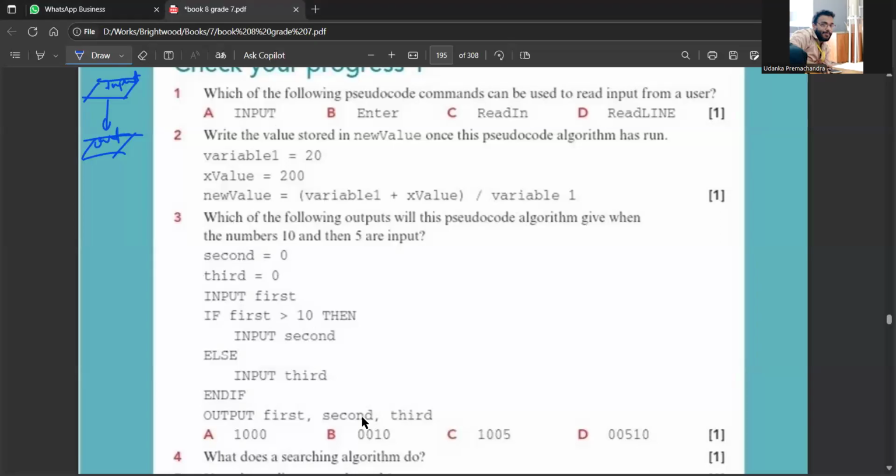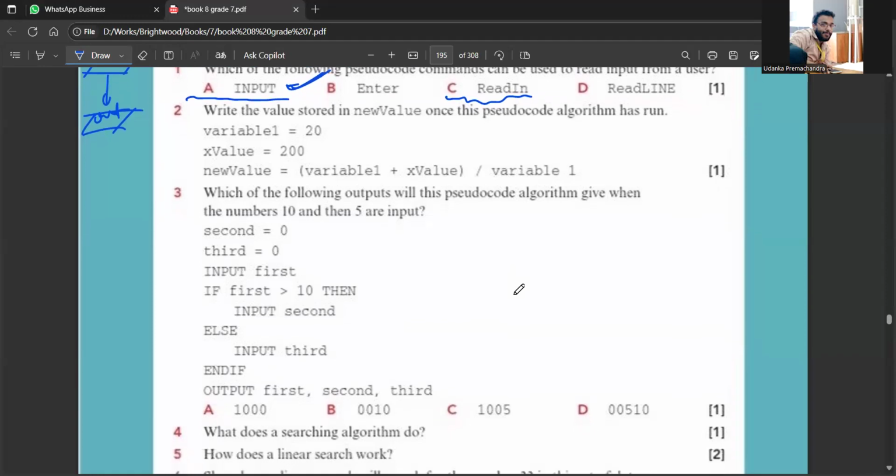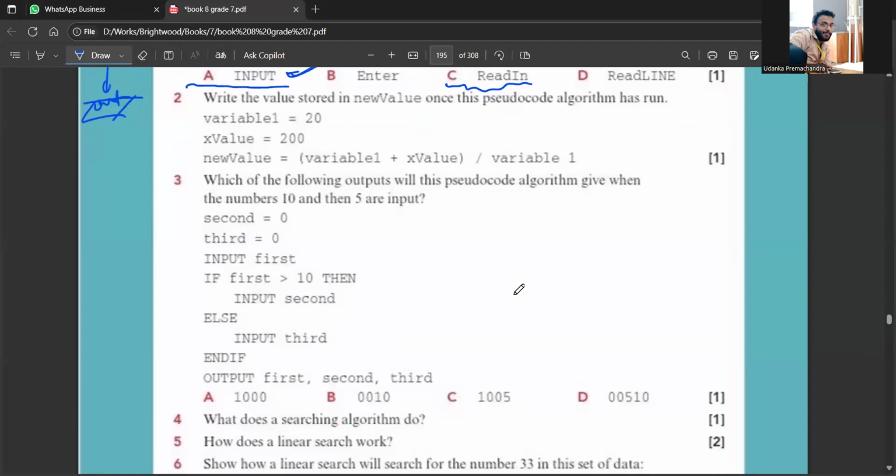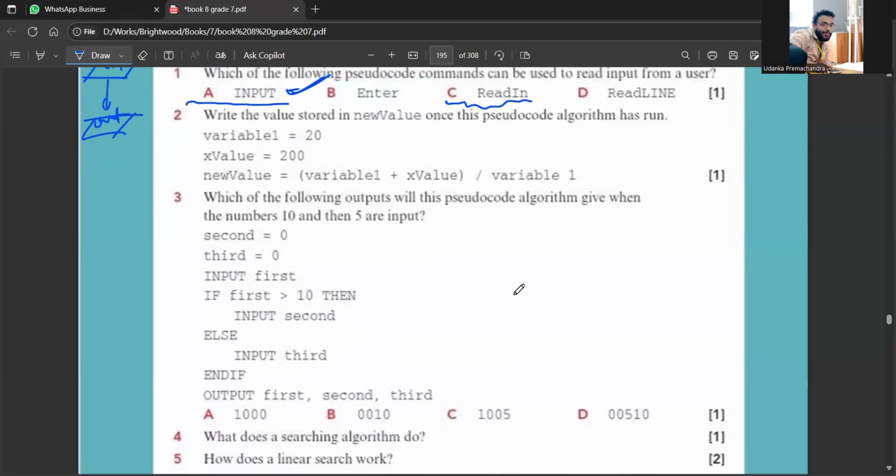In pseudocode, for reading something you can take input, and for writing something you can take output. So the answer is input. Sometimes it can be read in, but mostly the answer should be input.